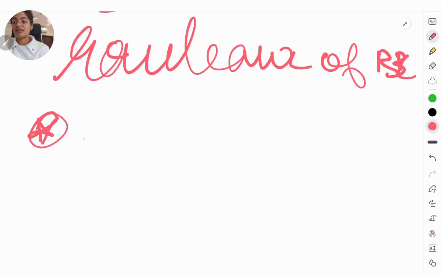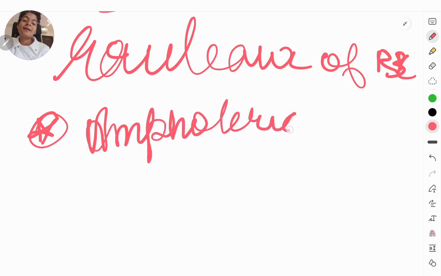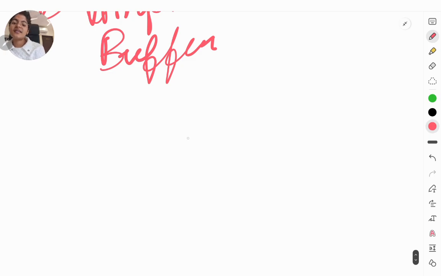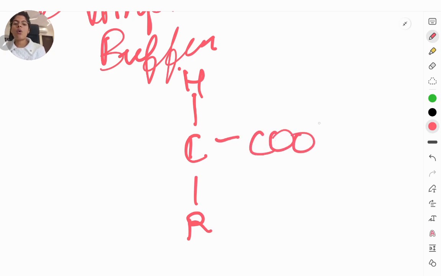Also, one more function of the blood, let's see. Acid base balance, what we call amphoteric. That is buffer. Buffer is to neutralize things. Okay, if blood is getting acidic, we know that we have plasma protein with us. Protein has its amino acid as carbon attached to hydrogen, attached to R, attached to COOH, and attached to NH2.